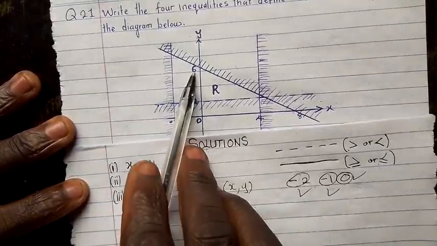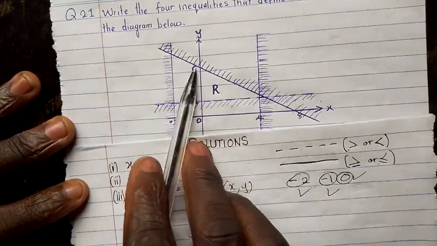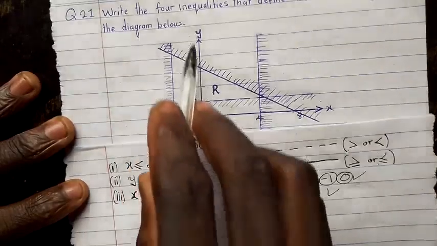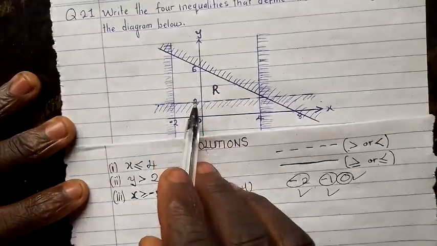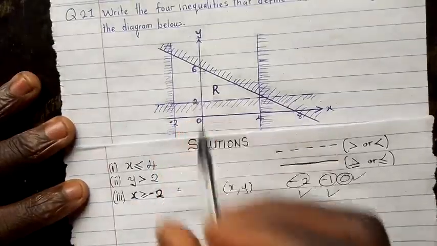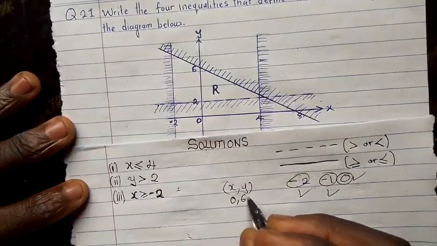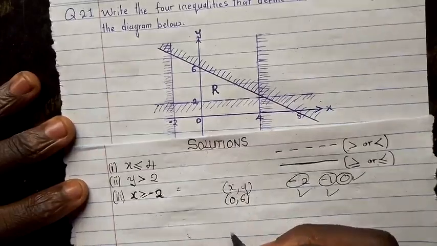Now, this value here, which is 6, is the value of y. So in the y-axis, x is equal to 0. So the coordinates at this point here are 0, 6. Like this.